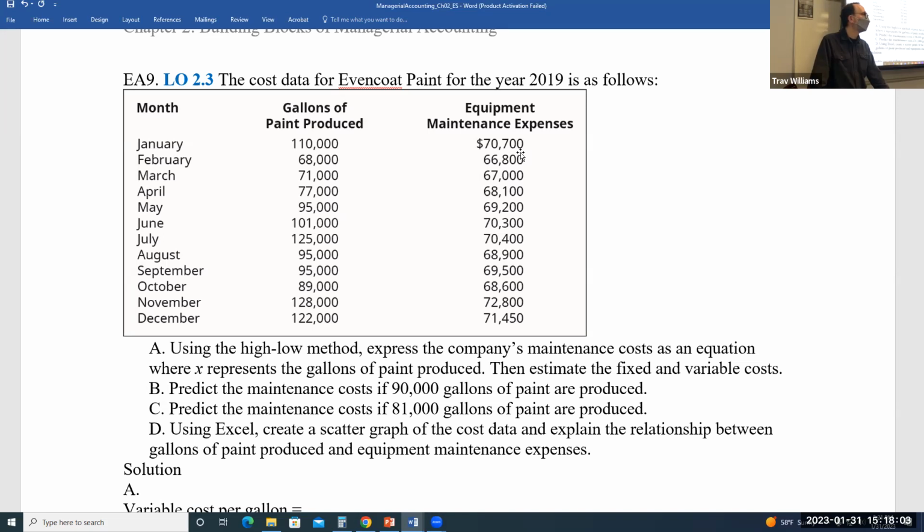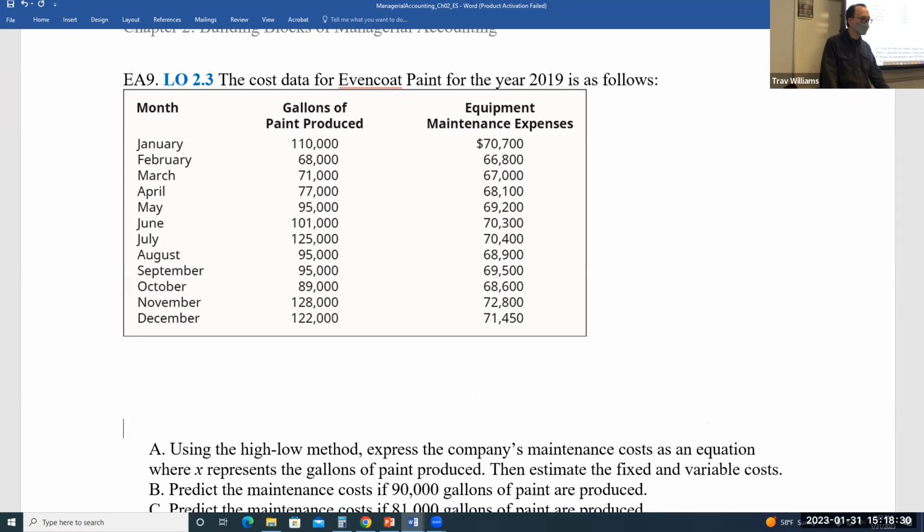And we don't know how much of this is fixed and how much is variable. Our mission is, based on this information, we need to be able to estimate at different levels of production what the cost would be. How would you do that? Well, this is where the neat formula comes in.